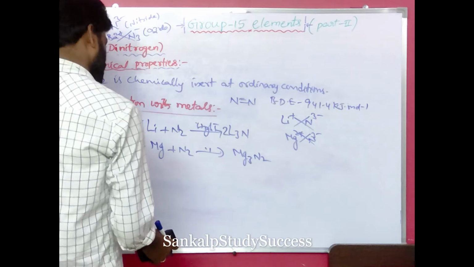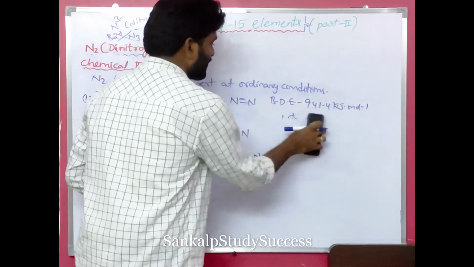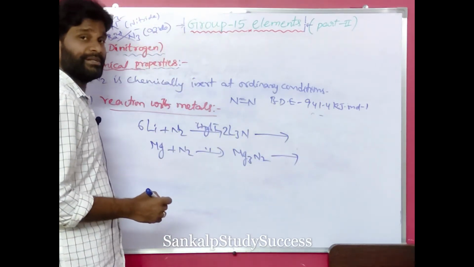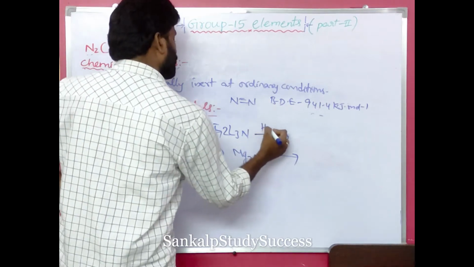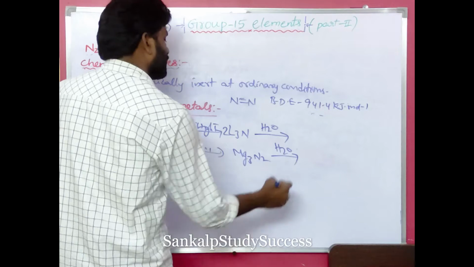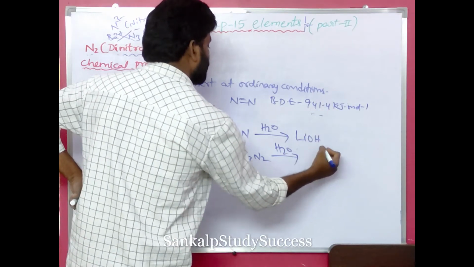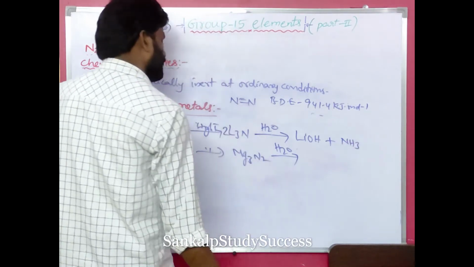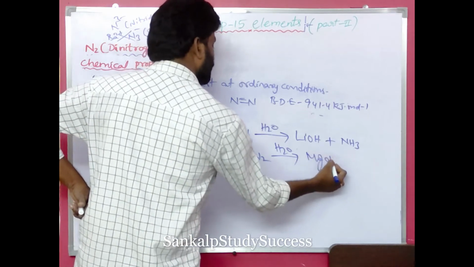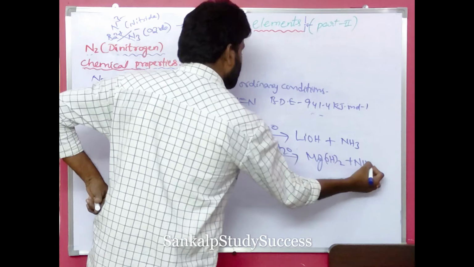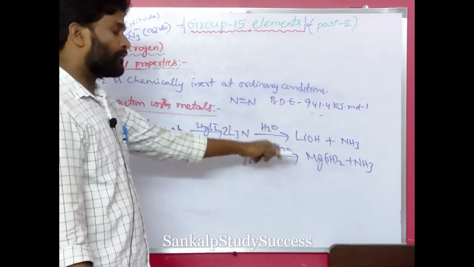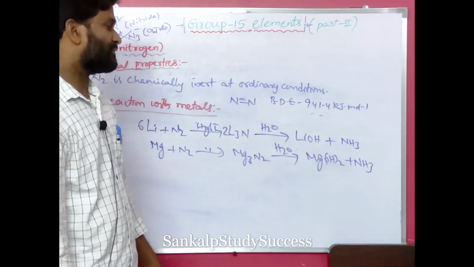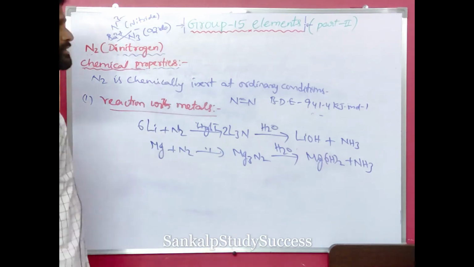These metal nitrides undergo hydrolysis, that means boiling with water, to form lithium hydroxide and ammonia, and similarly Mg(OH)2 and ammonia. So this is the reaction with metals.